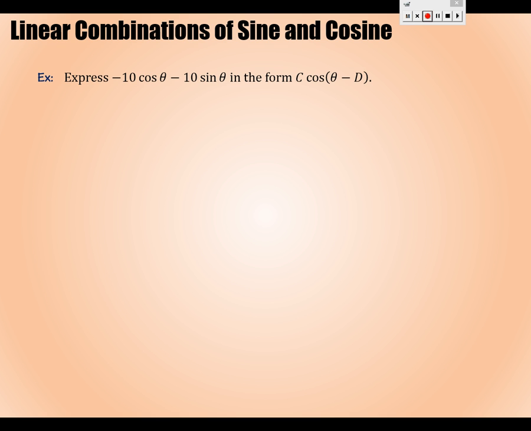Okay. So what I did was, first I found C, and that's 200. Finding C is a little bit of a trick here.